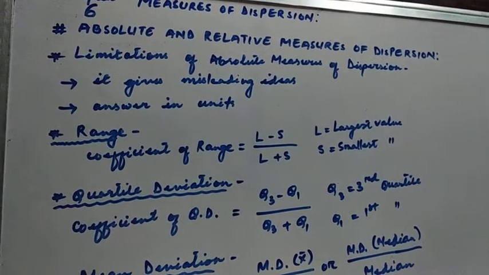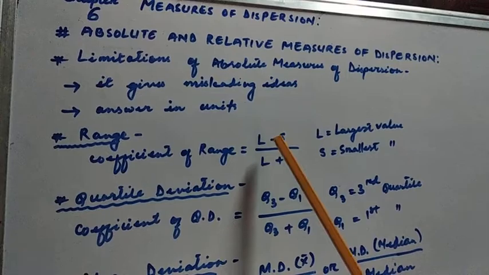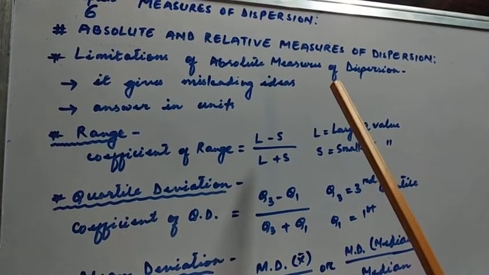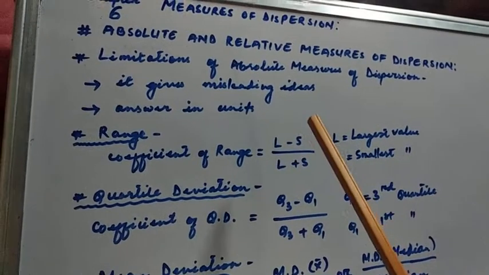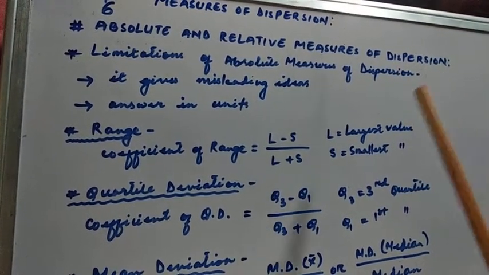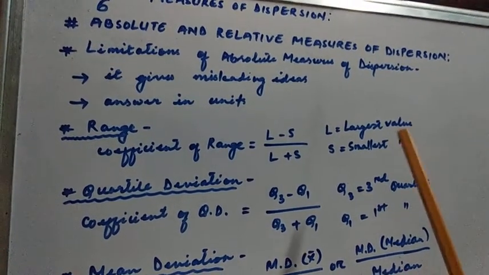The second thing is, another weakness of these absolute measures is that they give the answer in the units in which the original values are expressed. Consequently, if the values are expressed in kilometers, the dispersion will also be in kilometers.